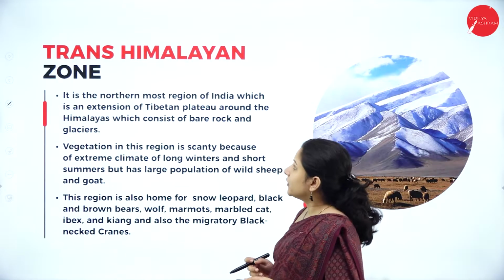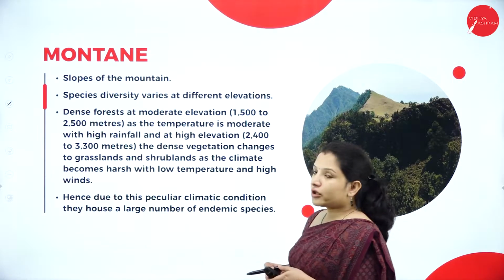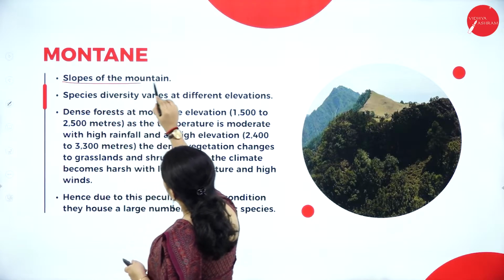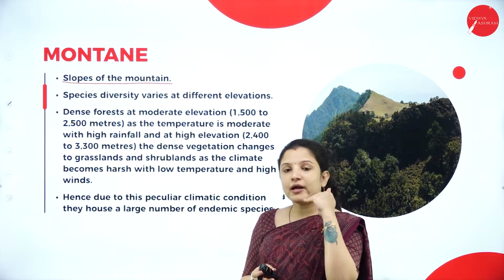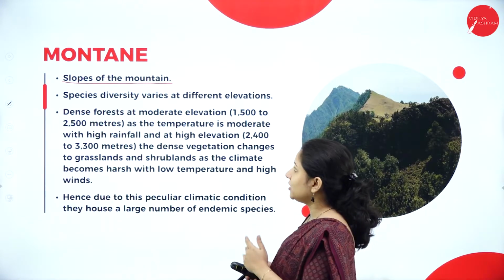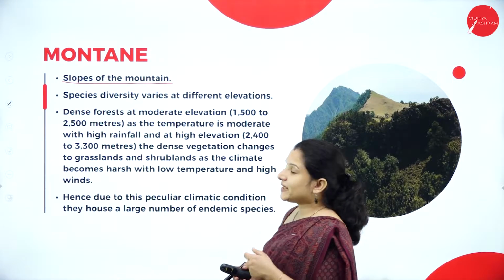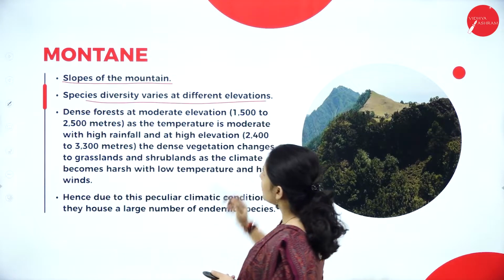Next, moving further, we'll talk about the mountain region. The mountain region is nothing but, as the word suggests, the slopes of the mountain. The mountain region lies at a higher elevation above the lowland or above the sea level, and it contains the slope of the mountain. Here species diversity varies at different elevations in the mountain.